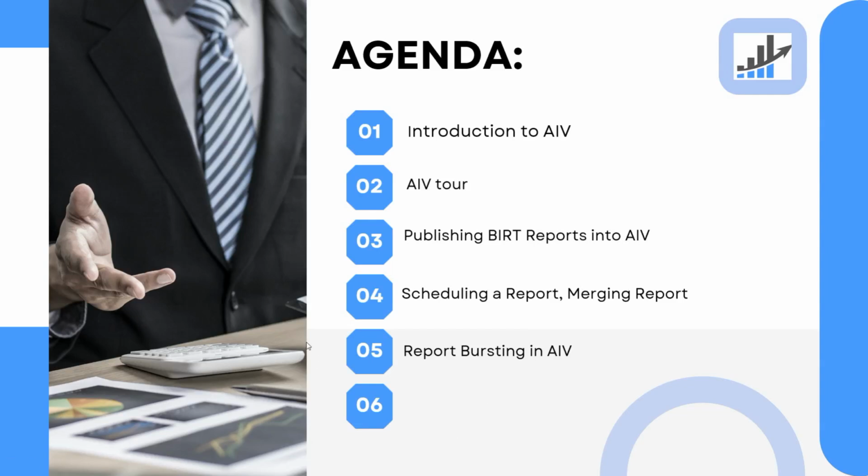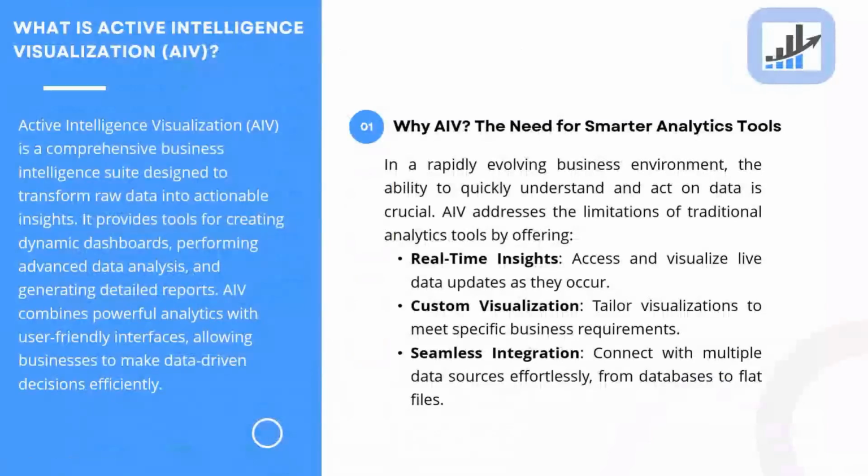The introduction to AIV. So what is AIV? AIV stands for Active Intelligence Visualization. It is a comprehensive business intelligence suite designed to transform raw data into actionable insight, and you can deploy and publish any kind of open source BIRT report created within a BIRT tool or BIRT IDE.